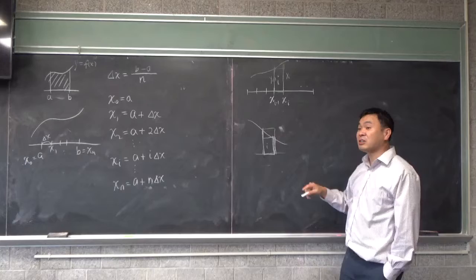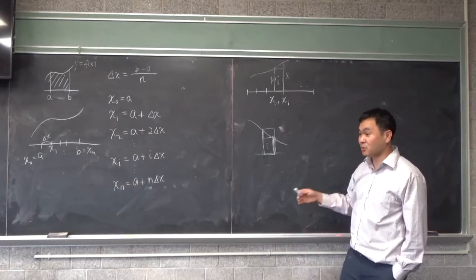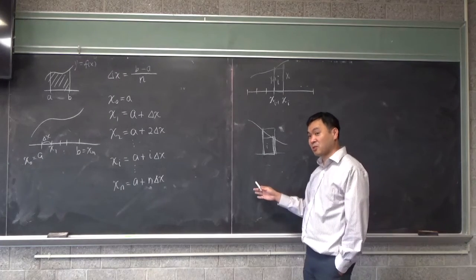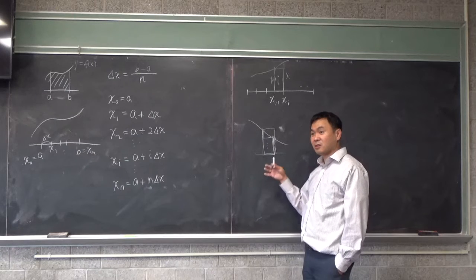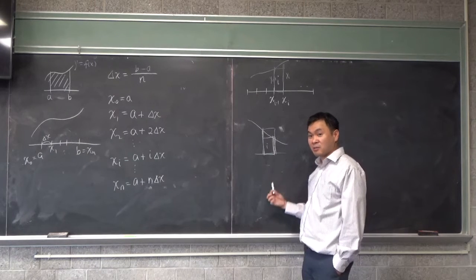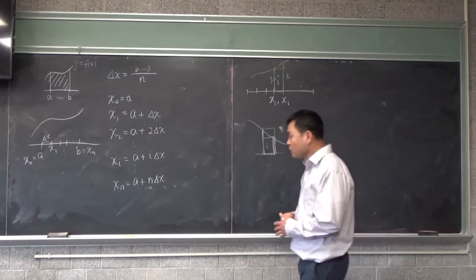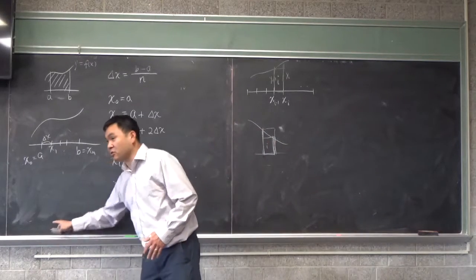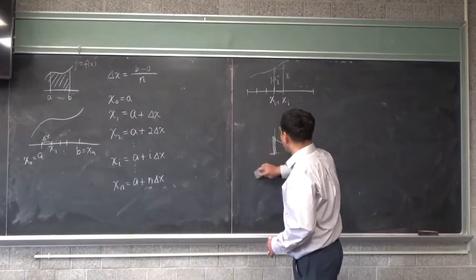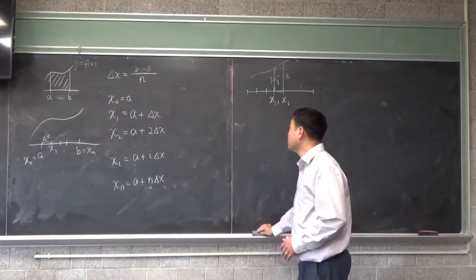And if the function is increasing, it'll be the opposite, right? If the function is increasing, the left one will be the underestimate, and the right endpoint will be the overestimate, okay? So we have two conventions that we can think of, and we want to find the formula for each.